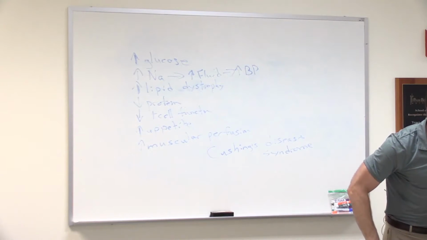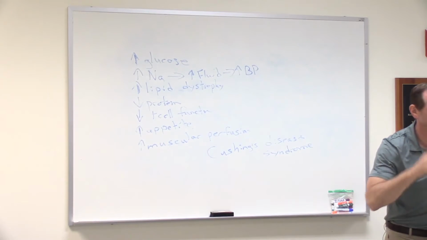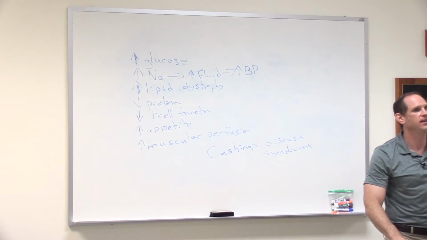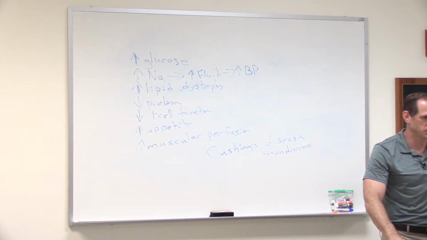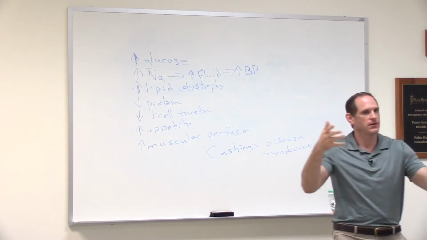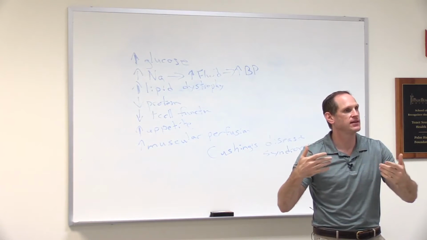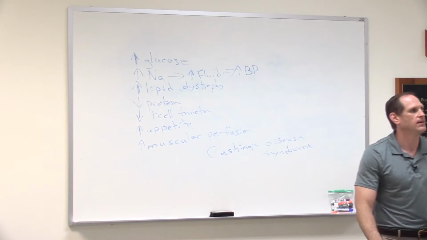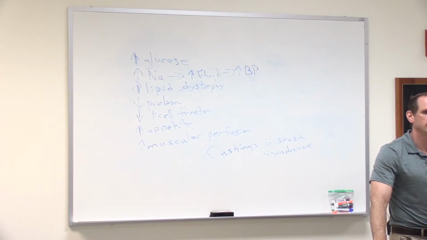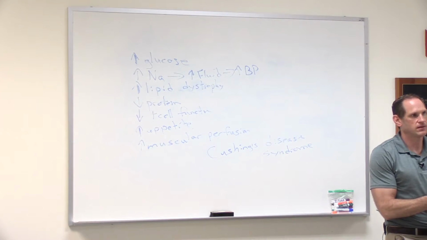So if we, with our treatment of steroids, are causing Cushing's, it's a syndrome. If the body is naturally producing it as a disease process, then it's Cushing disease. So you just take them off the medication?